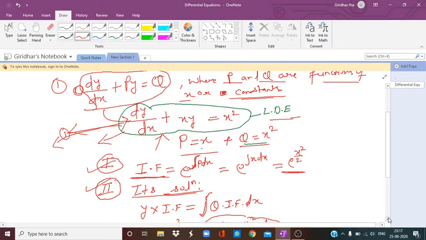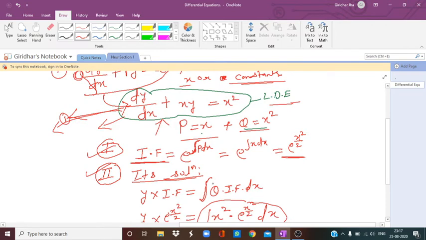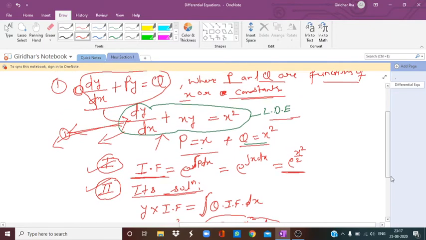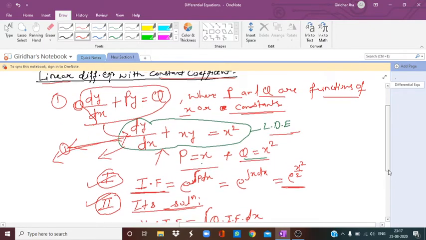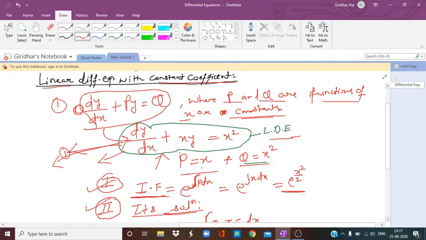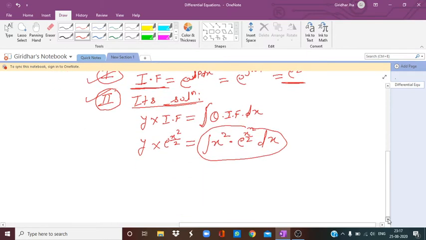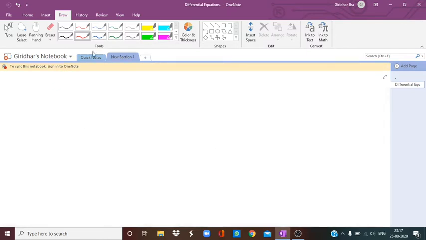Once you have the integrating factor, substitute this, and finally integrate, you will get the solution. So this is our first form of linear differential equation. Now we'll discuss the second form, because both forms are important in boards as well as in your NDA exam.